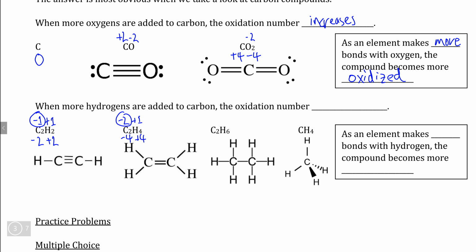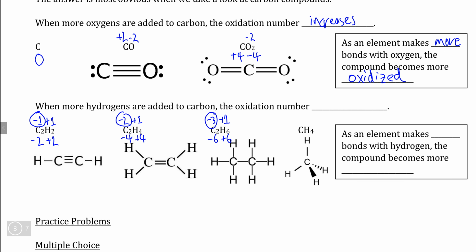Next, we can try ethane, which is a single bonded carbon to carbon with 6 hydrogens. Again, +1 is our starting oxidation number for hydrogen. +1 times 6 is +6, meaning that the total oxidation number of carbon is -6. -6 divided by 2 carbons gives us -3.